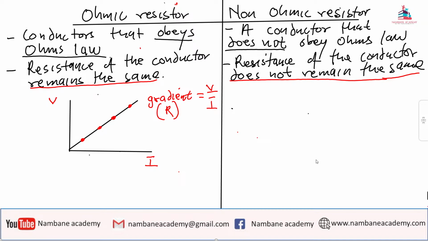So with that being said, let's try and do the same for non-ohmic resistor. Can we draw a graph that is not going to give us the same resistance throughout? Let's see. Let's have a graph.